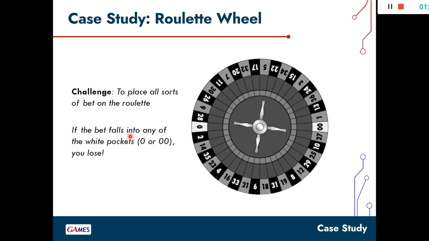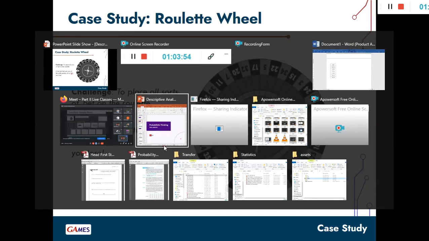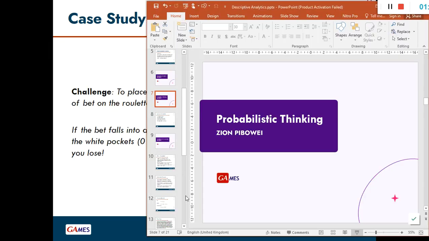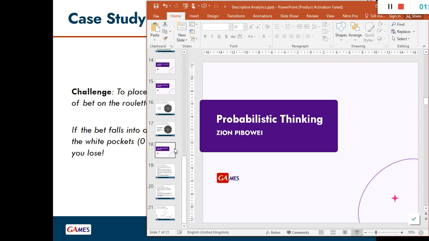Now, your challenge is to place all sorts of bets on the wheel. If your bet falls into any of the white pockets, that is the 0 or the 00, I think it should be green, not white. But let's just leave it as white so that we easily relate to it. Actually, let me change this to green so that we get used to that.